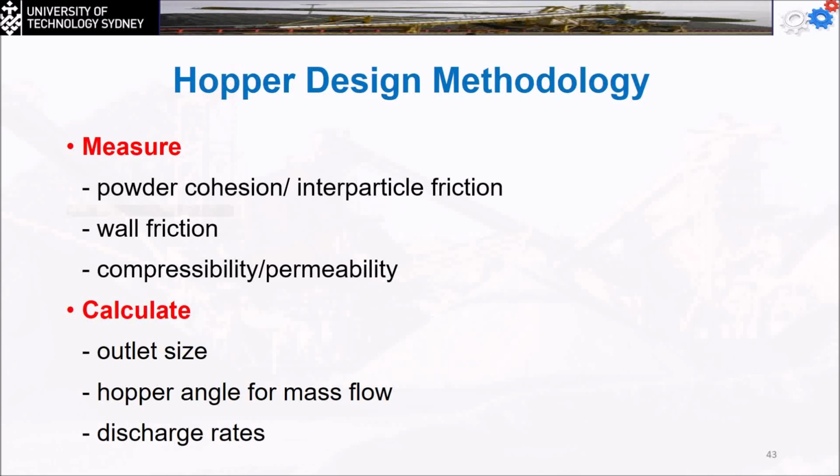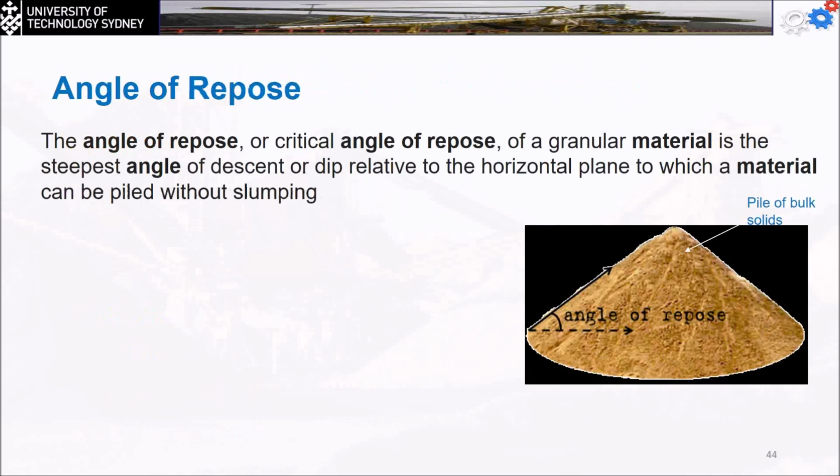So we talked about the angle of repose last week. We said if I put the material as a pile, it starts to fall until it becomes static. This angle we call the repose angle. The critical angle of repose of a granular material is the steepest angle relative to the horizontal plane at which the material can be piled without any slumping.